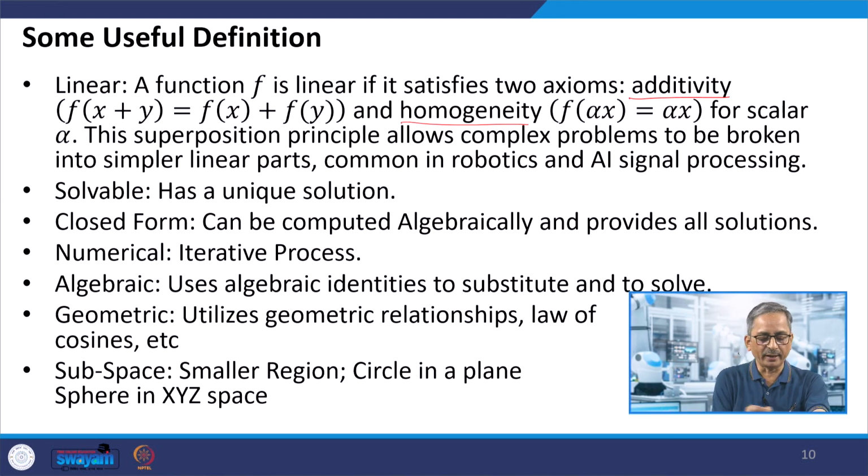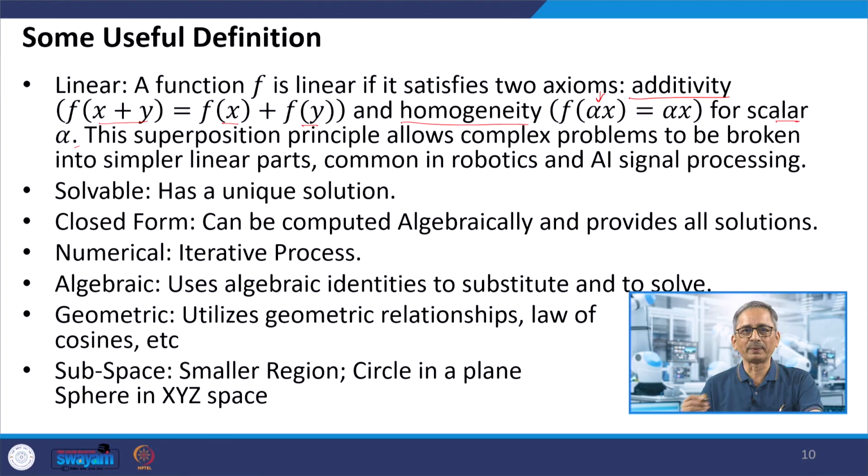Additivity means that the value of the function for x plus y is the same as the value of the function for input x plus the value of the function for input y. Homogeneity says that if you multiply the input by a constant alpha, then the value of the function at alpha x is the same as alpha times f of x, for a scalar alpha.